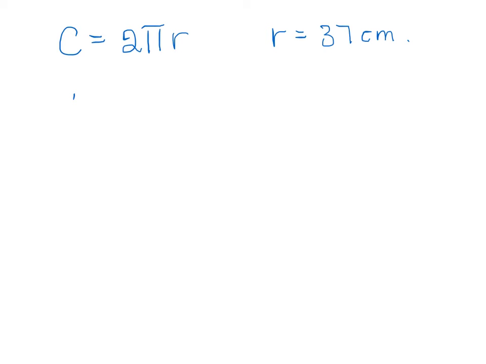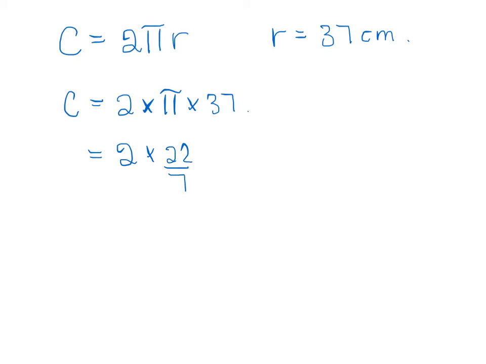We've already practiced some substitution earlier in this topic, so now we're going to substitute the value 37 for r. So we come up with an expression which is 2 times pi times 37. If you know how to use pi in your calculations using your calculator, you can. If not, then use the approximation of 22/7 for pi.